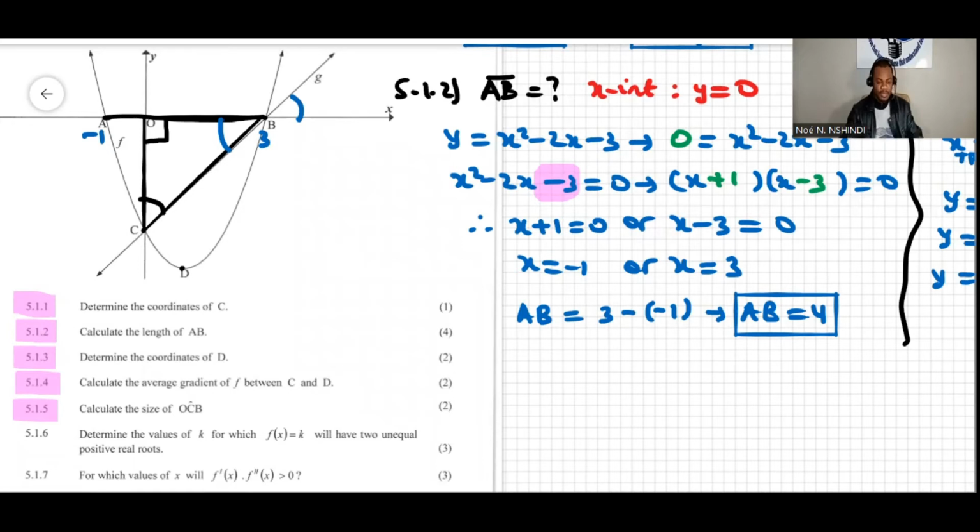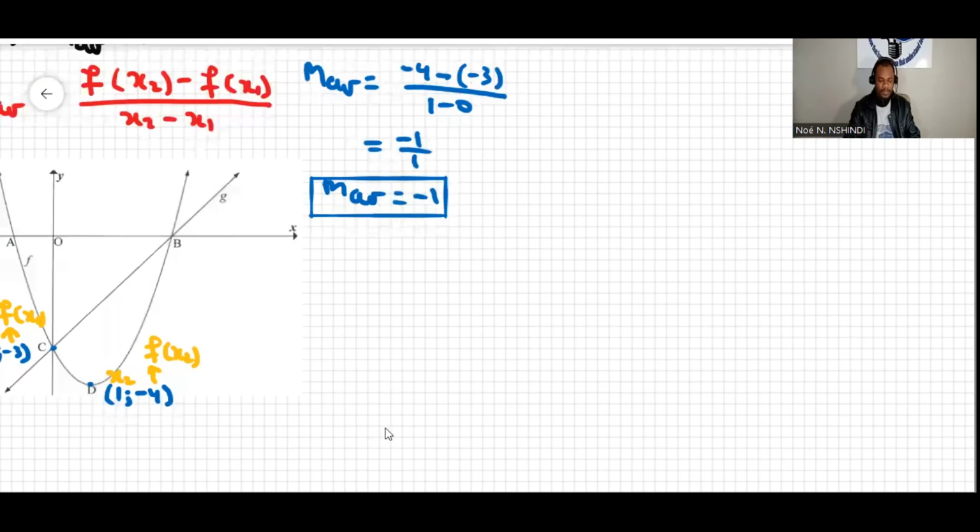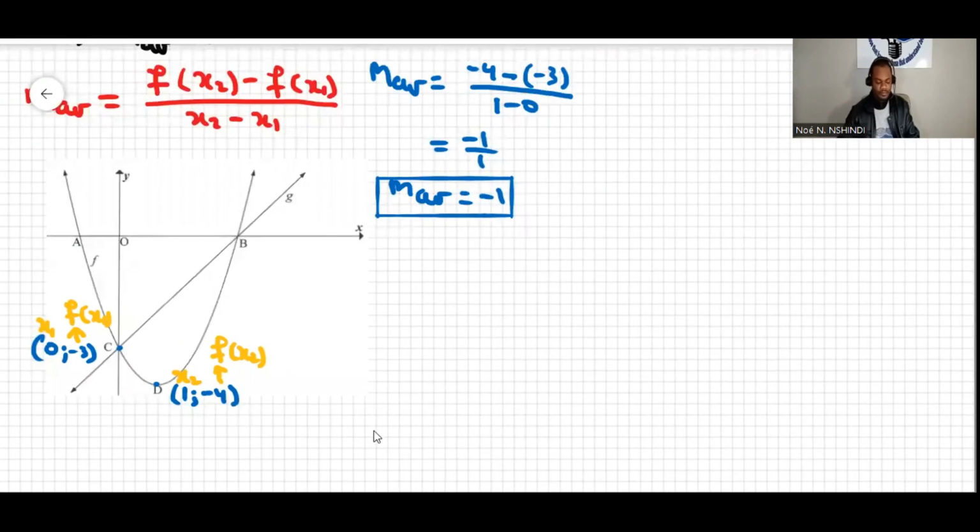Then, since this is 90 degrees over here, we can say the angle OCB will be 180 minus 90, or just 90 minus this angle in blue. Basically, we have this right angle triangle, as I said earlier.